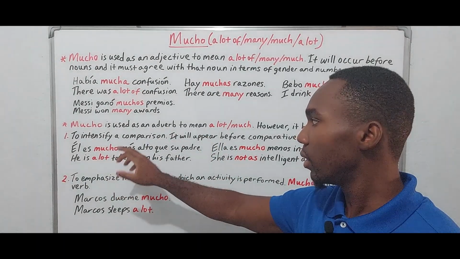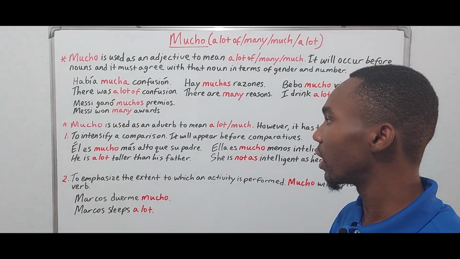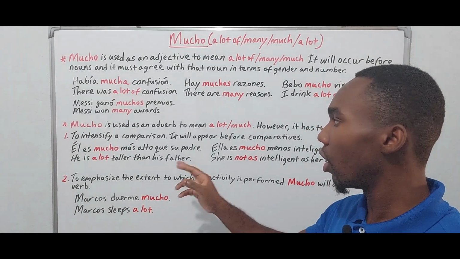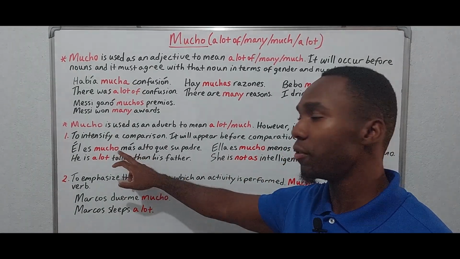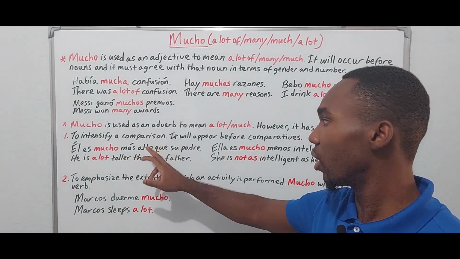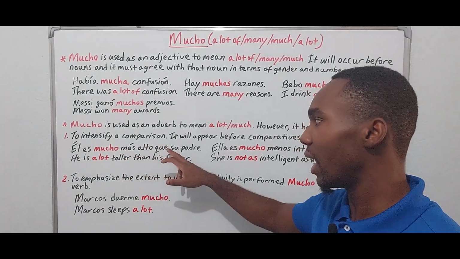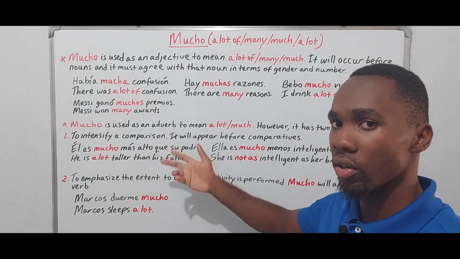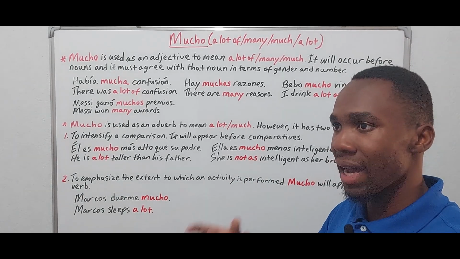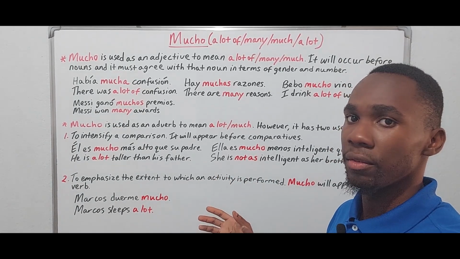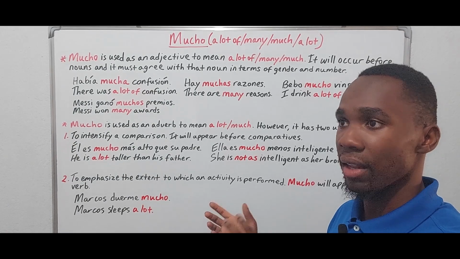So for example, él es mucho más alto que su padre. He is a lot taller than his father. You see that the mucho appears before the comparative. In this case, the comparative would be más alto, taller. Because in Spanish, to form the comparative, you use más plus the adjective or adverb.